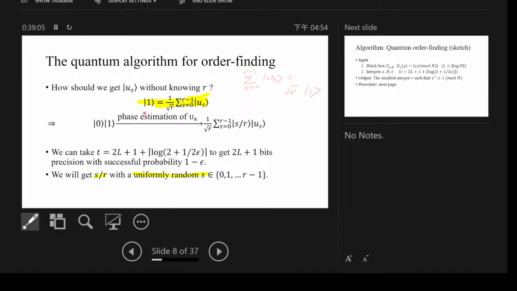So you do phase estimation on |1>, you get uniformly random s over r, and when you have enough s over r, you can learn your r.